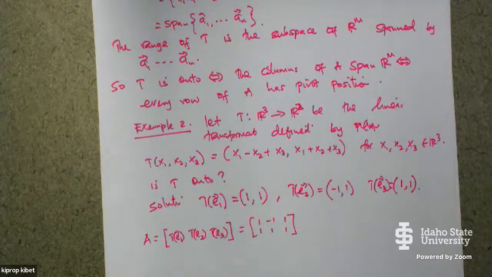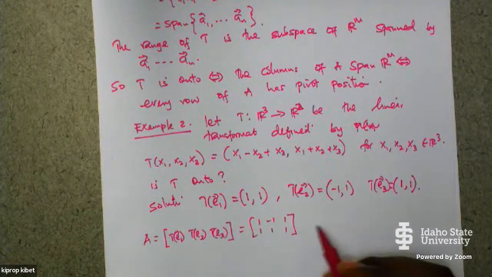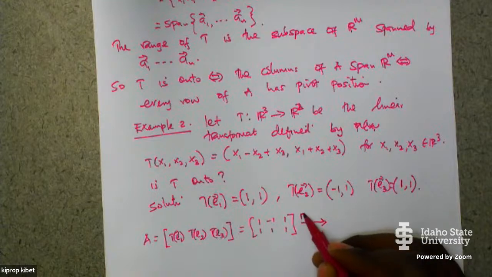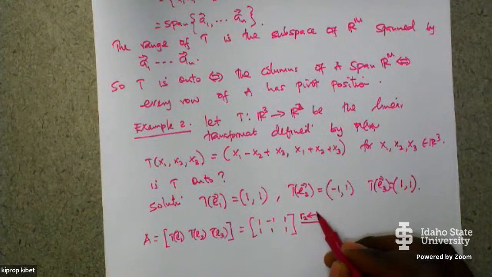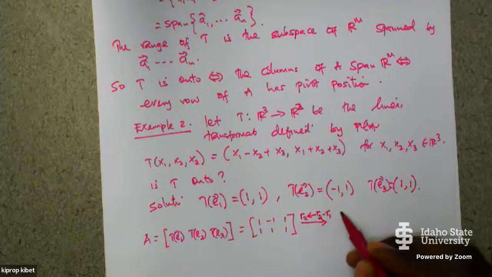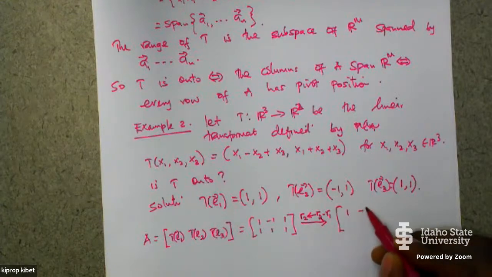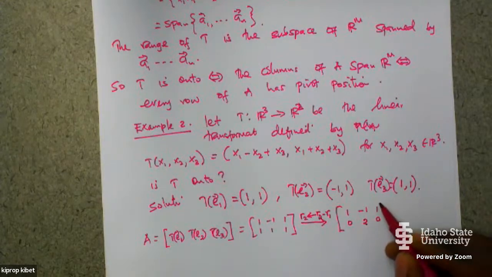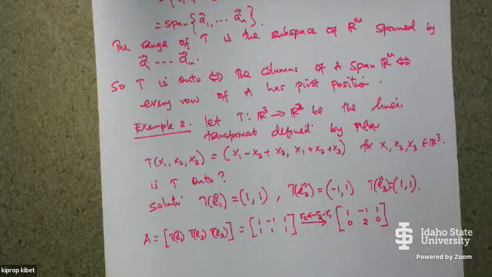Now, when we reduce this matrix, to get the new R2, we take R2 minus R1, and what we get is 1, negative 1, 1, 0, 2, and then 0 here. 0, 2, and then 0.